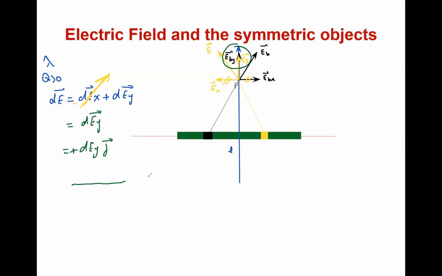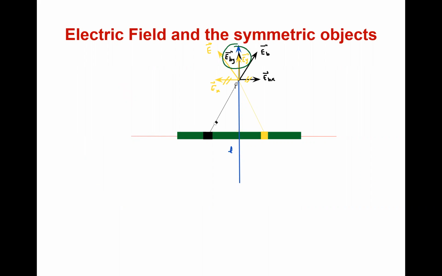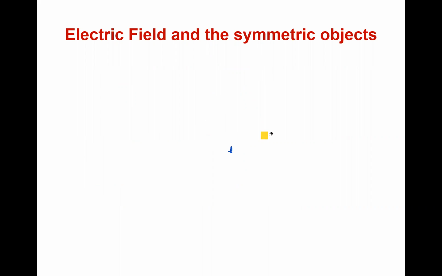Let's take another example for the same rod, but the rod is in this direction. We repeat the same calculation. Let's say the same example, but in this case we don't have symmetry. What I mean, we have the same rod here, and the y-axis passes at this side.